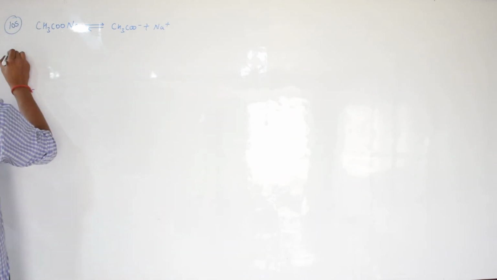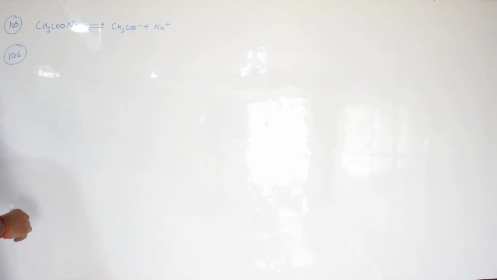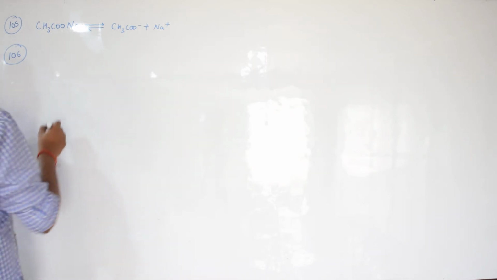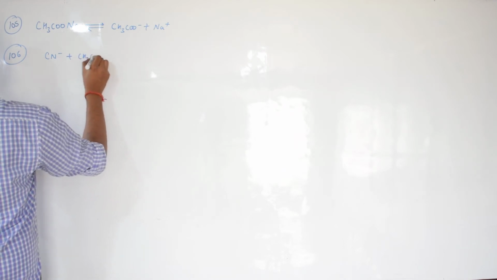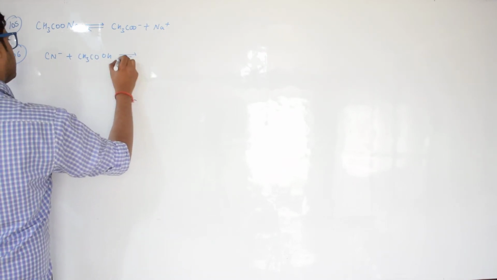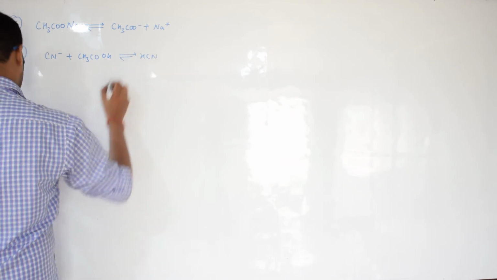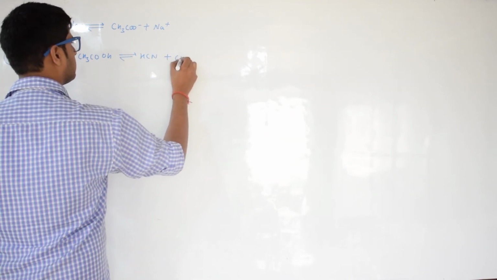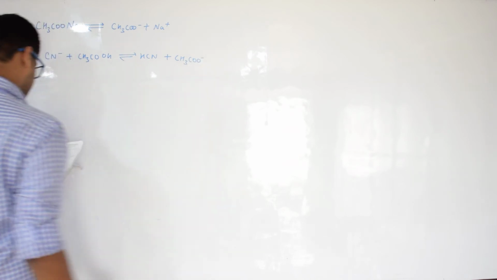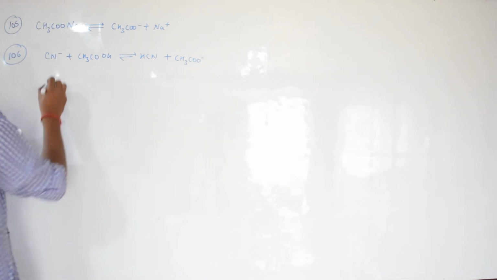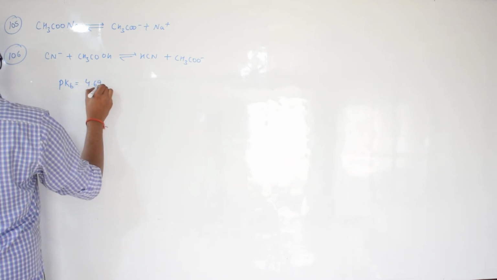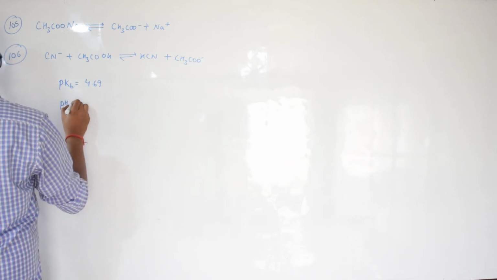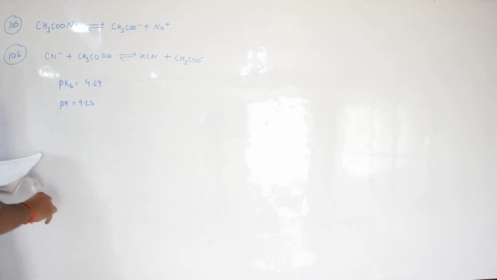Question number 106. The equilibrium constant for acetate ion is given, pKb 4.69 and pH is given as 9.25.